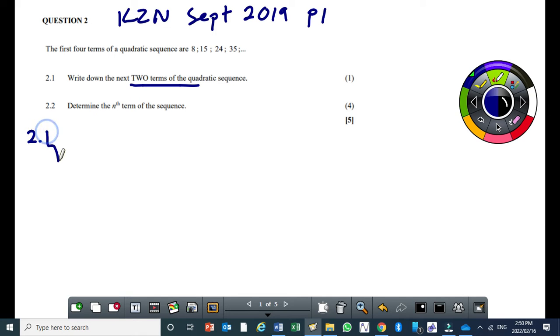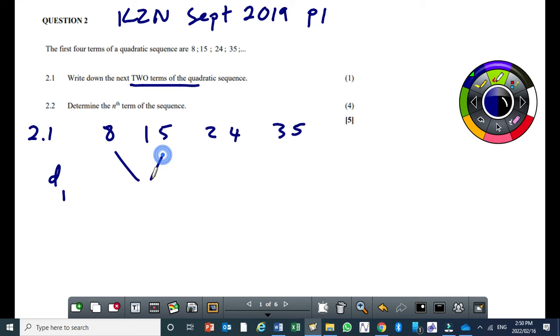Now, for you to be able to do the question, it would be better if you rewrite the sequence, right? That's your quadratic sequence. Then you calculate the first differences, okay?